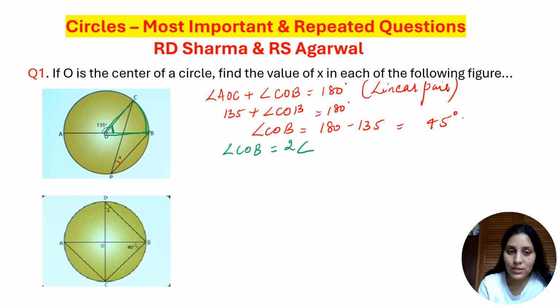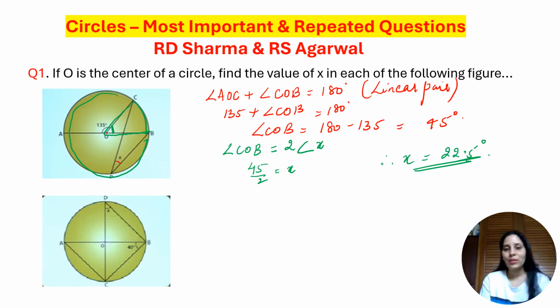The remaining part is this part, so on this part we have this angle x. So the center angle is double of angle x. So 45 by 2 is equal to x. Therefore x is equal to 22.5 degrees.